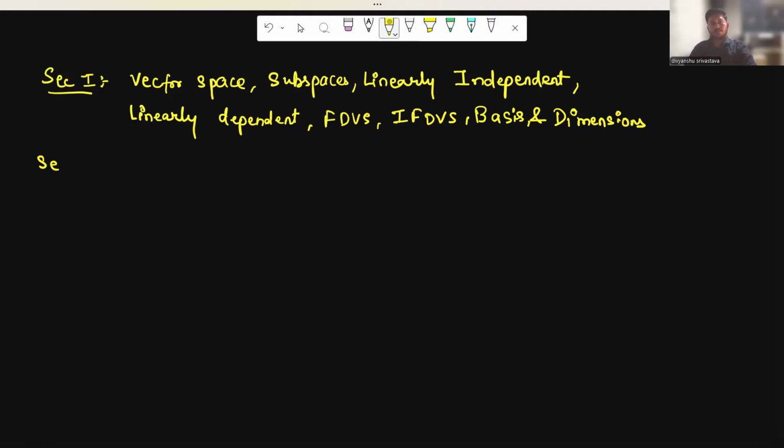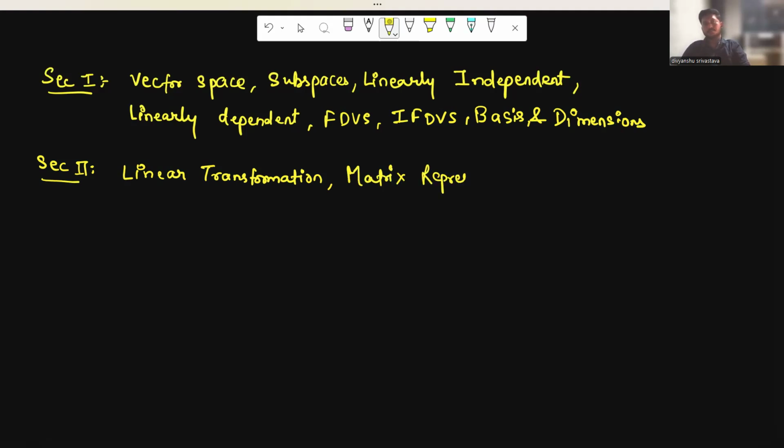In the second section, we study some linear transformation concepts. Next one is matrix representation of linear transformation.